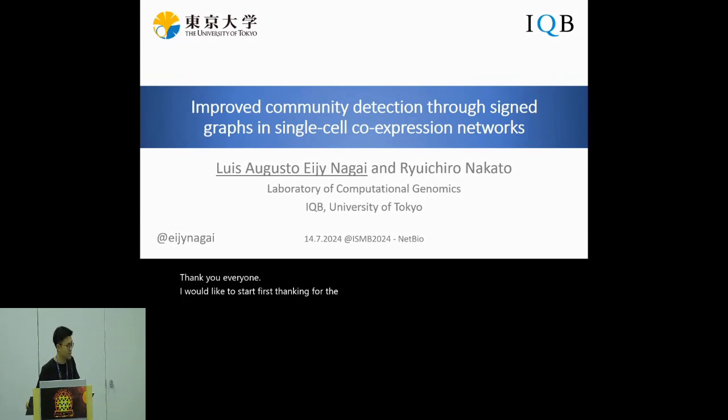Because of that experience, I noticed that the network of genes is actually not much explored. So I thought, why not dig into this part? For a year and a half, I've been working on community detection.